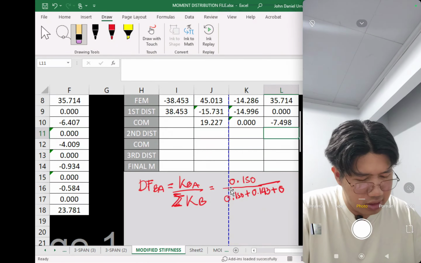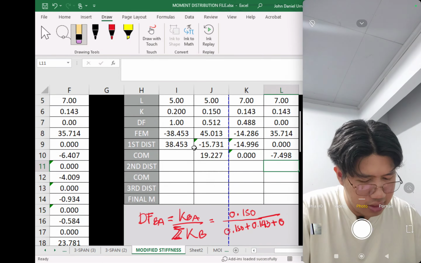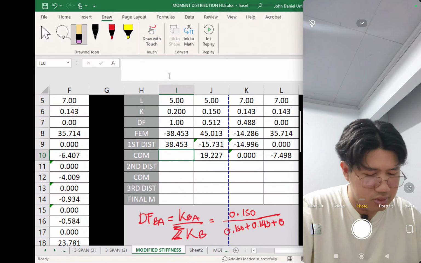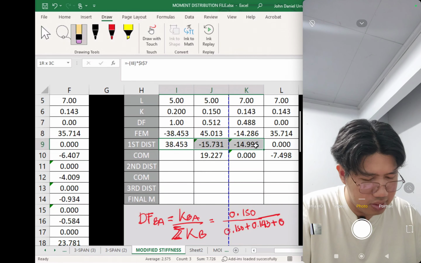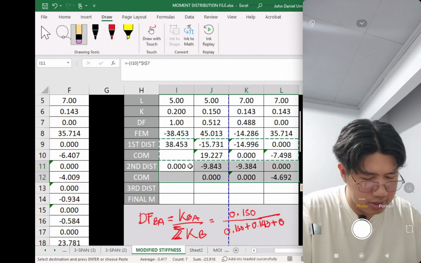Okay, and then second distribution is the same lang nung gagawin mo dito. Okay, so malimutan kong lagyan ng F4 to. So I can just copy this one, the first two, and then paste.